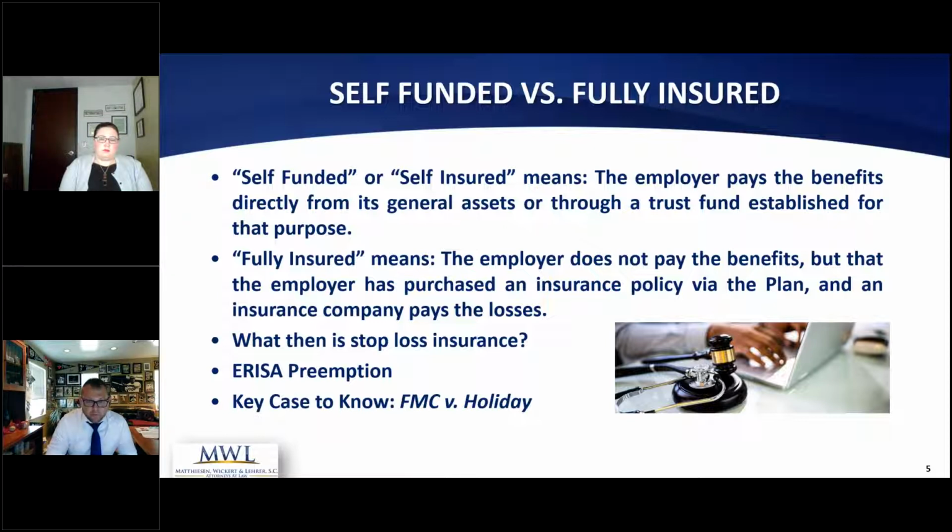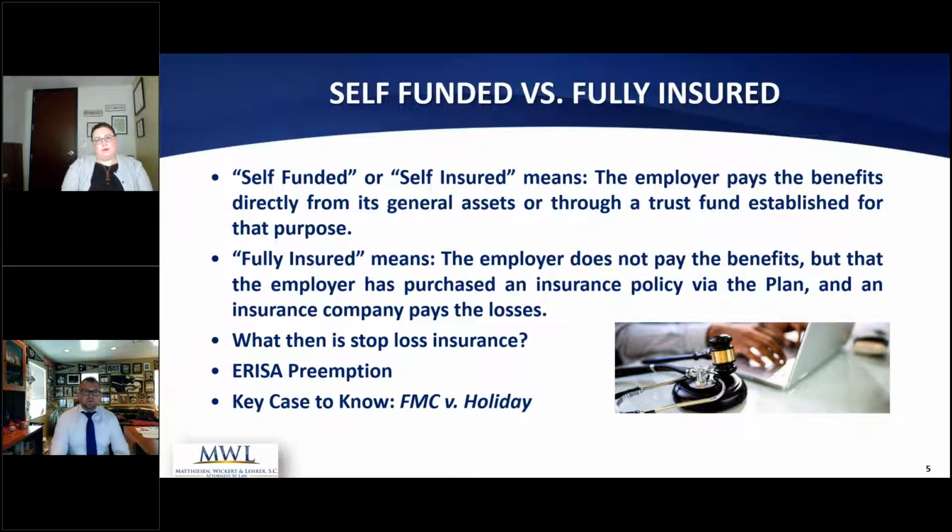Rather, as the Supreme Court has repeatedly held, self-funded plans are able to preempt inconsistent state law that regulates health plans or health insurance. Very important concept. ERISA preemption is probably one for another day, but it's very important that you know what type of plan you are dealing with.